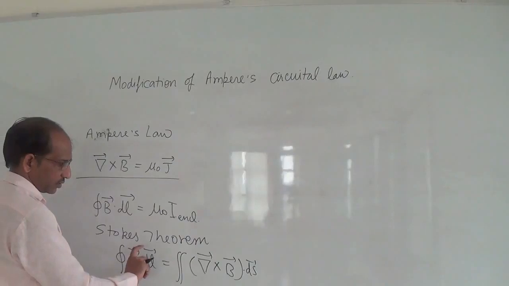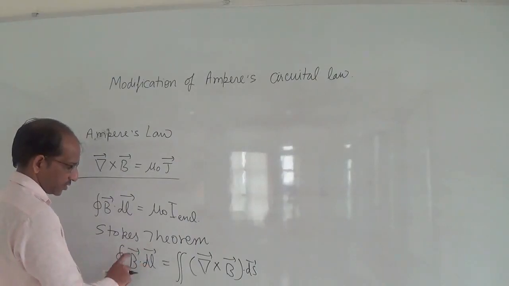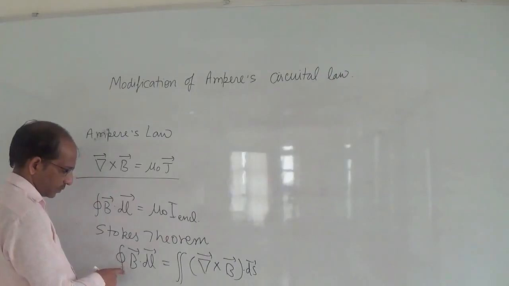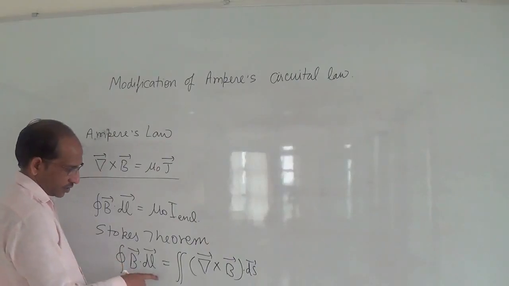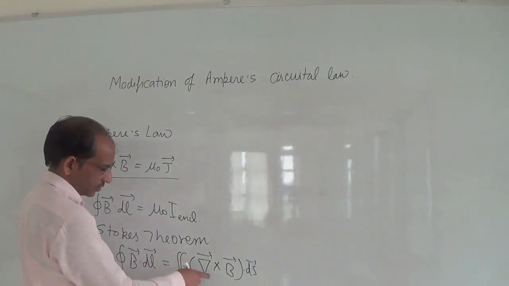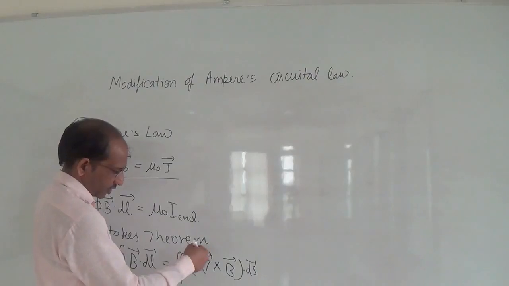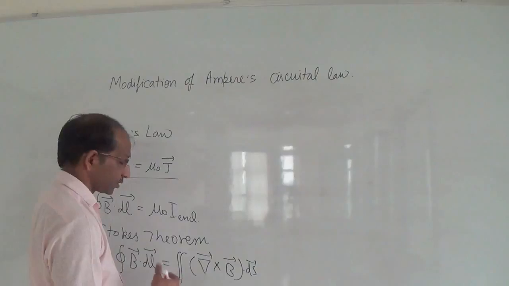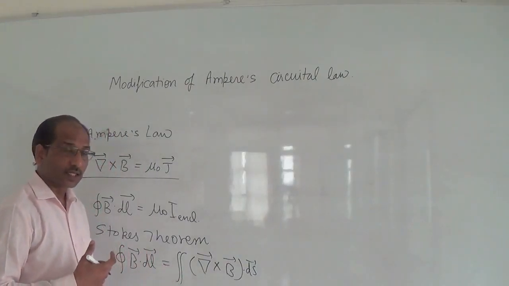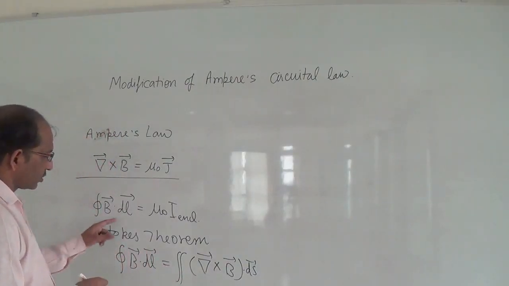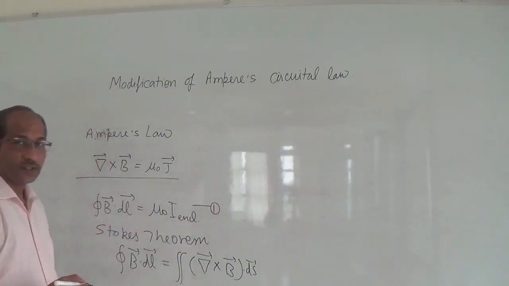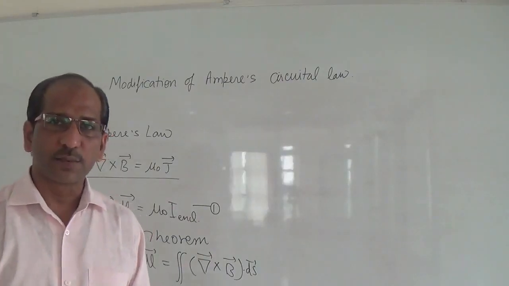This is the mathematical statement from the Stokes theorem, where on the left hand side is the closed path integral of the magnetic field, and on the right hand side the surface integral of the curl of that magnetic field. This is equation number 1, and Ampere's law is equation number 2.